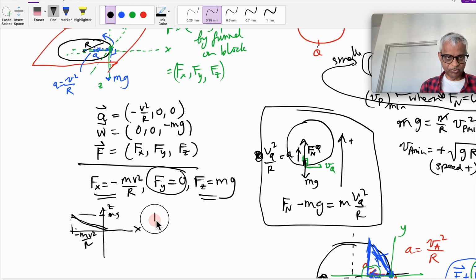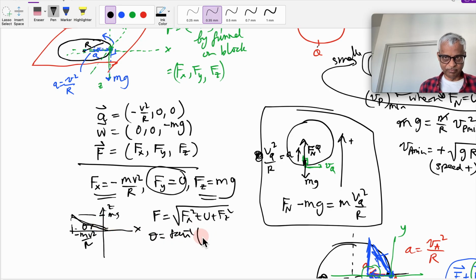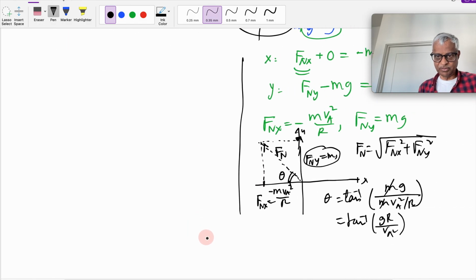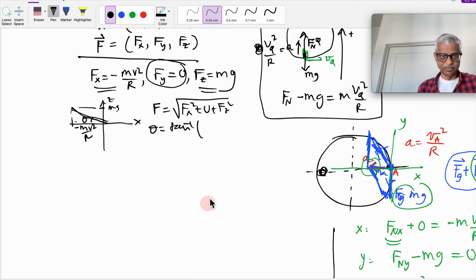So the normal force here is the square root of fx squared plus 0 plus fz squared, and this theta again will be arctangent, the same problem, gr over v squared.